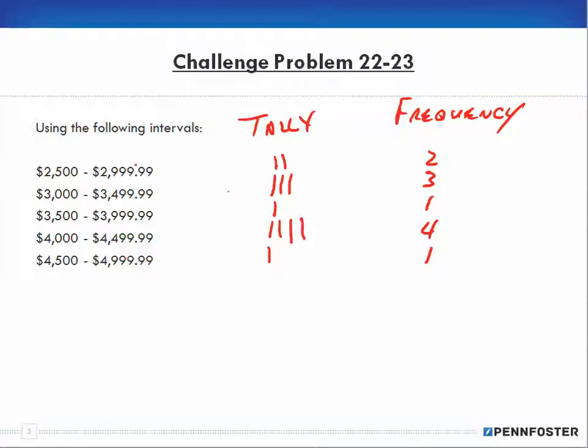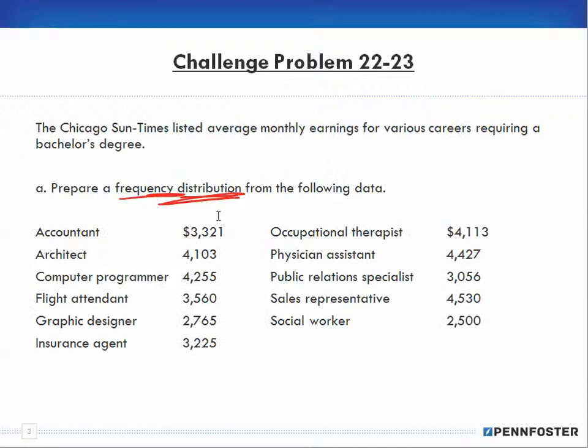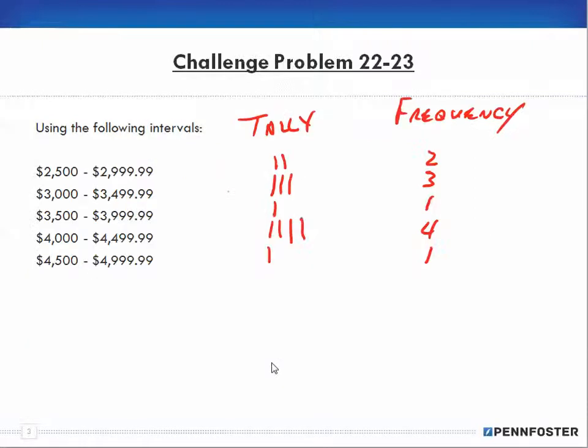I'm just going to pay attention to where that 1 penny actually falls. I'd start out with 2,500. How many times does that happen? From 2,500 to 3,000, that's once there, 2 there. So I would put my frequency as a 2.